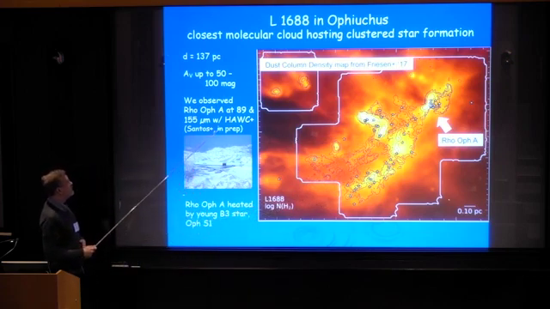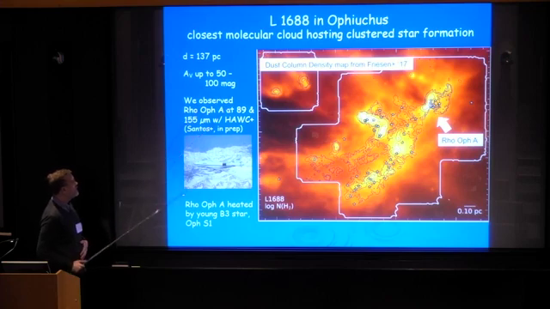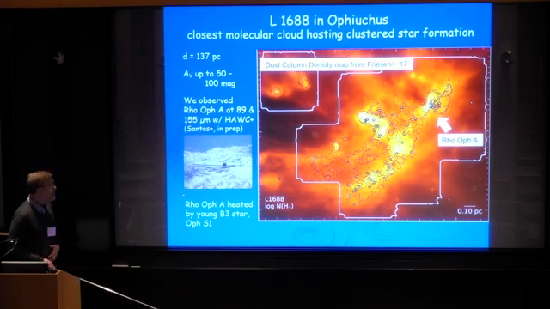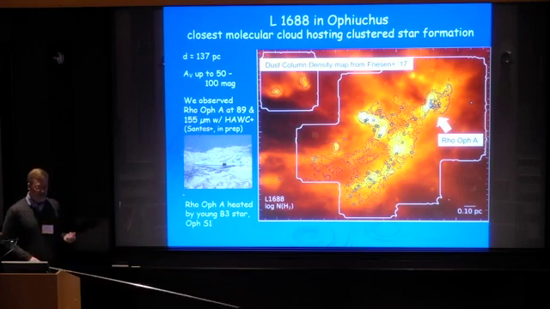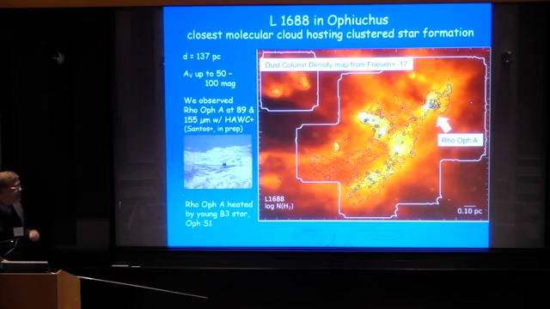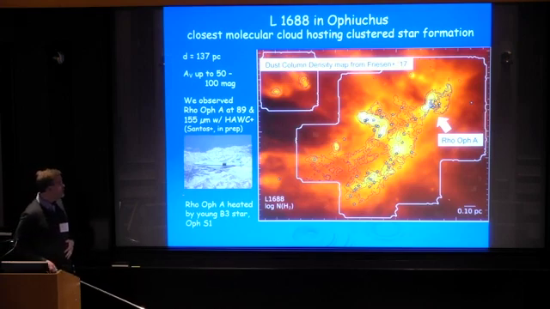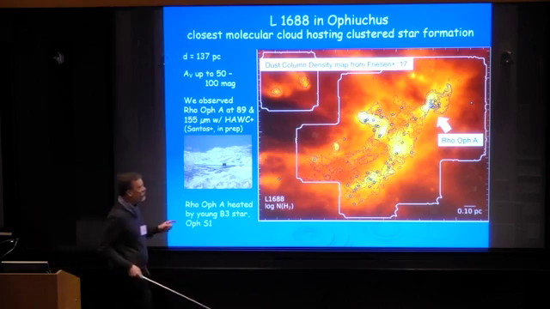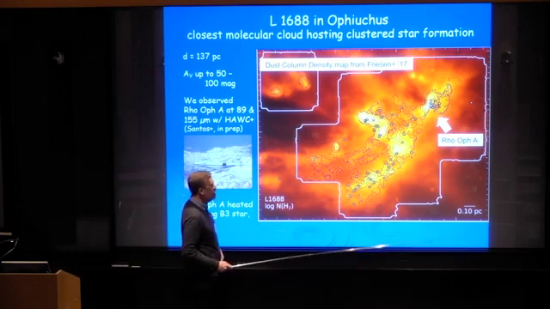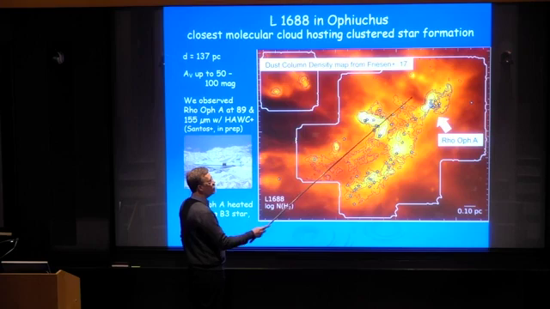We observed it at two different wavelengths in the far infrared, 89 microns and 155 microns. This is a paper that's hopefully going to be submitted very soon, led by Fabio Santos. One of the interesting, important things about this cloud is that its heat source is primarily a target.